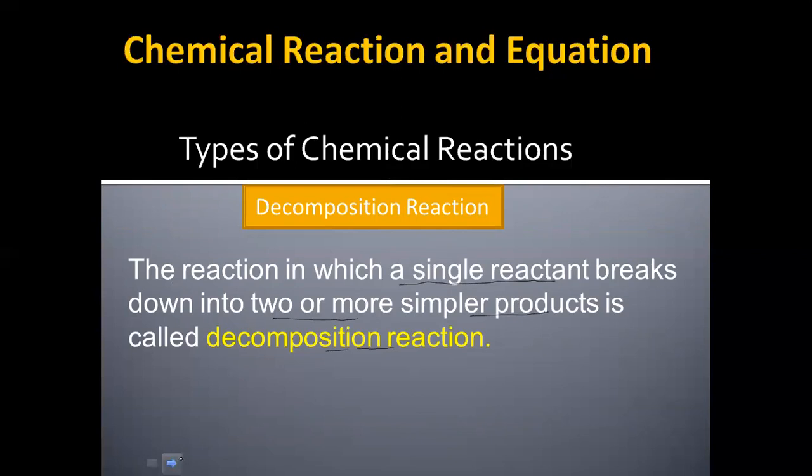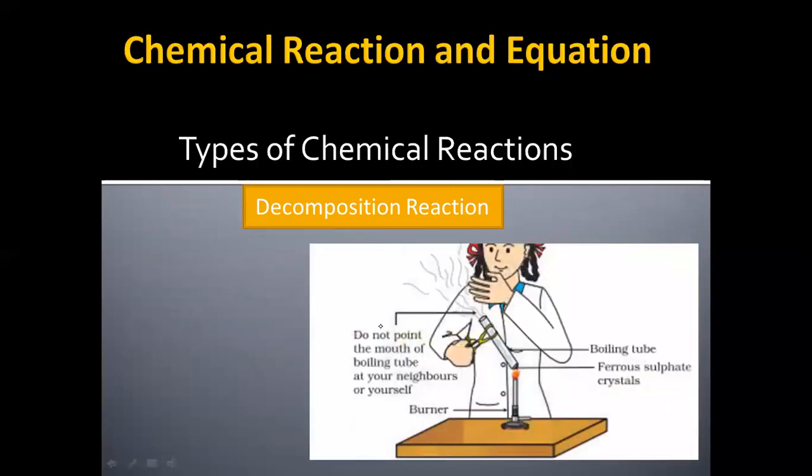Now, the question is, how does decomposition occur? Decomposition is breaking of something. This needs a certain amount of energy to break that substance to form new simpler substances. So I have an example, an activity of NCERT for you.